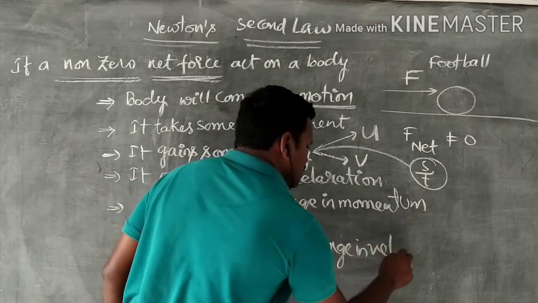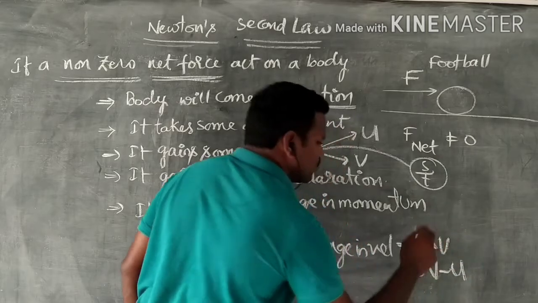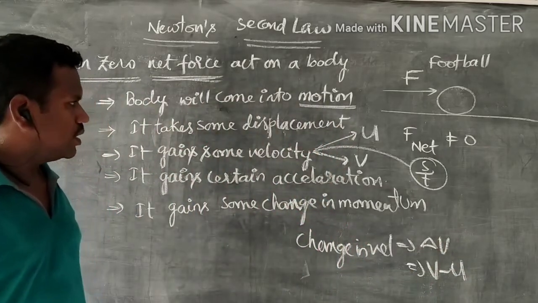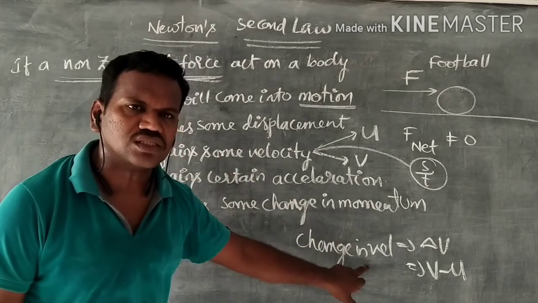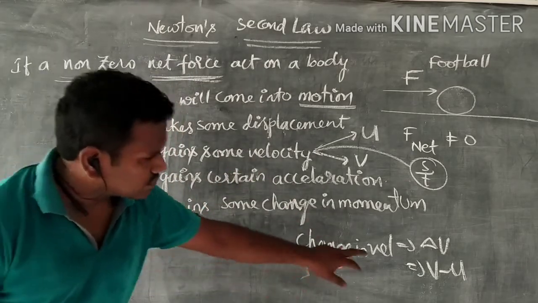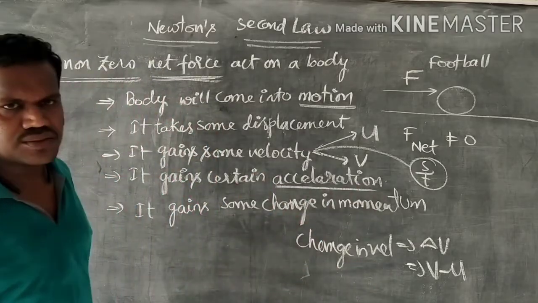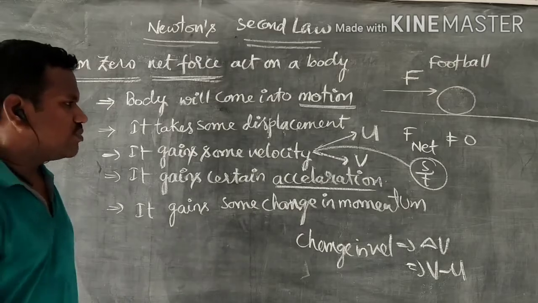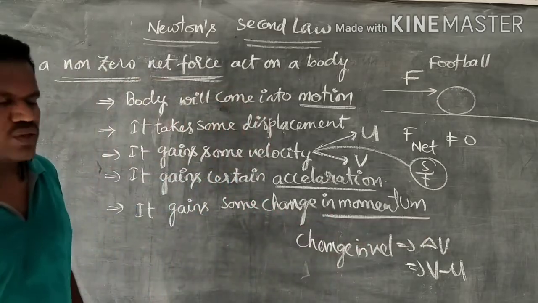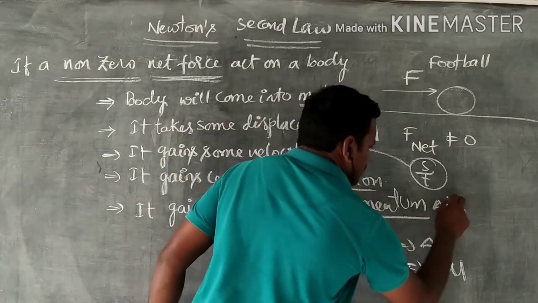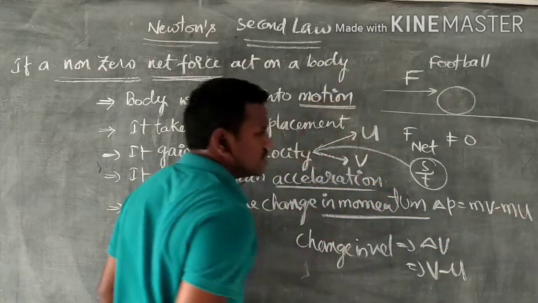Change in velocity is nothing but delta v, which can be written as v minus u. Because of change in velocity, we can get a certain acceleration. And there may be a change in momentum of the body. We already know that delta P is equal to mv minus mu.